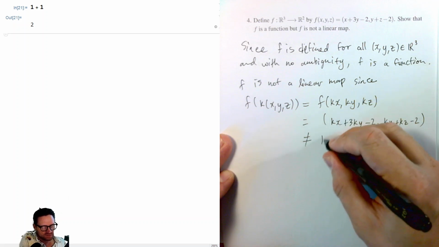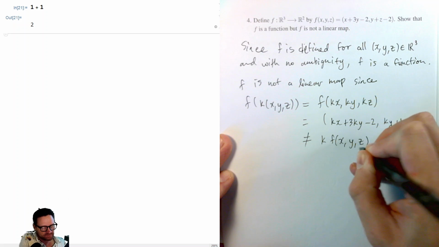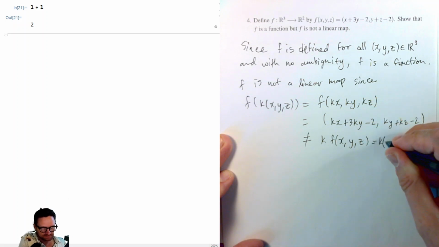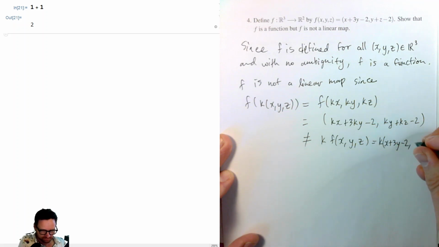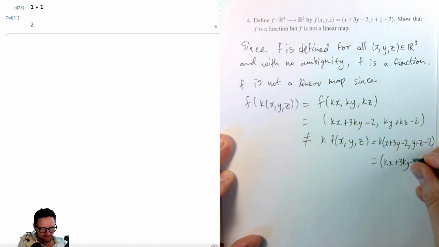And this is not equal to k times f of x, y, z, which would be kx plus 3ky minus 2k, ky plus kz minus 2.